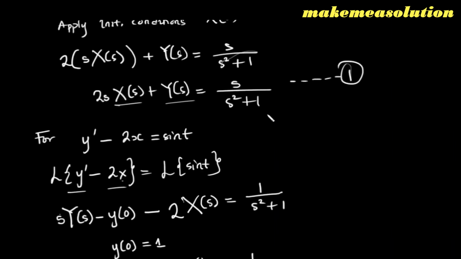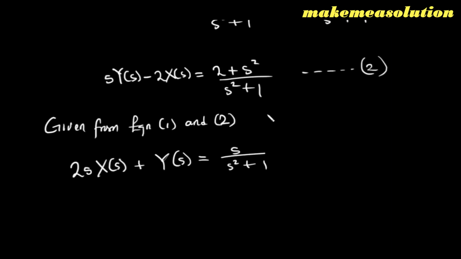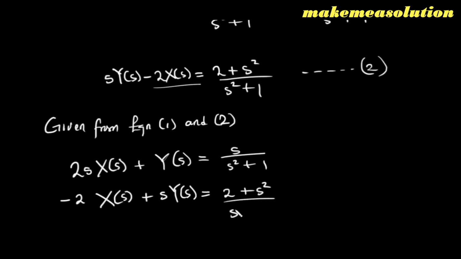Okay, I think I did. Then in the second case, I can just rearrange it so that I place x under x and y under y. So I'll have negative 2X of s, then plus s Y of s is equal to 2 plus s squared all over s squared plus 1. So this is equation 1 and this is equation 2.